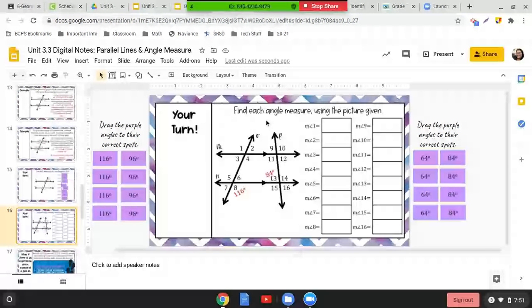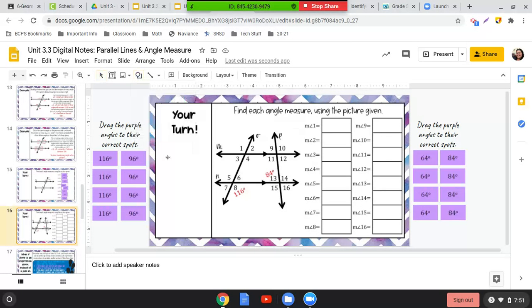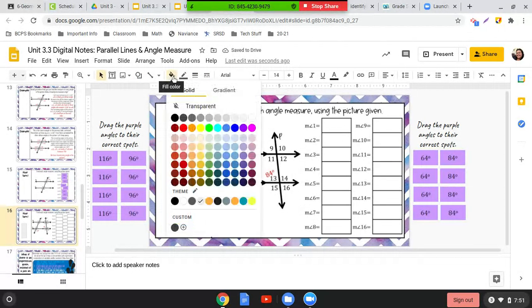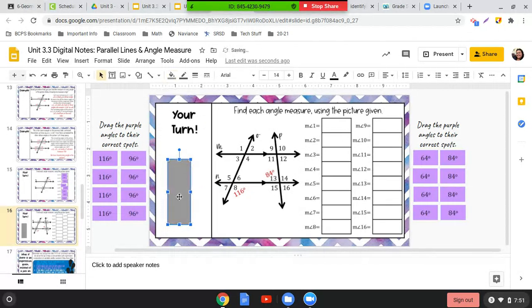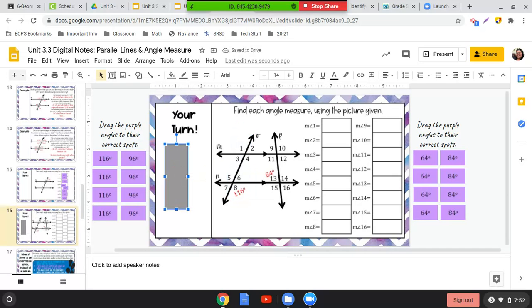Now remember, if this is a lot, you can go in and make you a little box like we did and put you a little box right here. And to get it to be filled in, you're going to hit this little bucket right here and make it gray. And so that way you can cover up whichever transversal you're not working on, okay? You can do that yourself if you need that help.